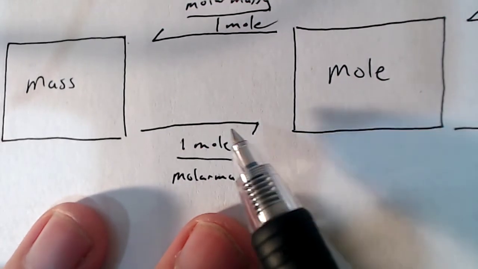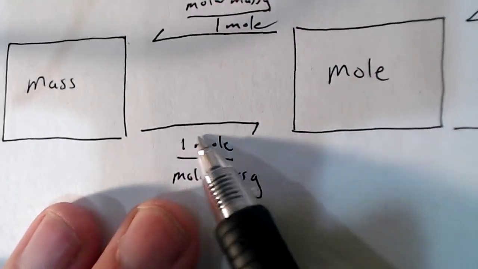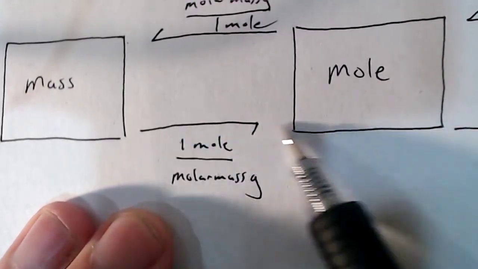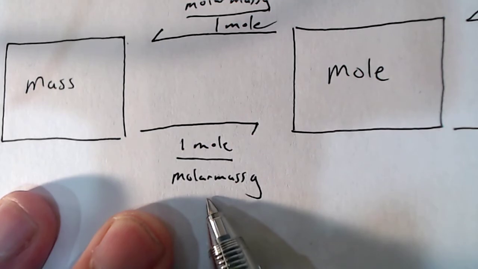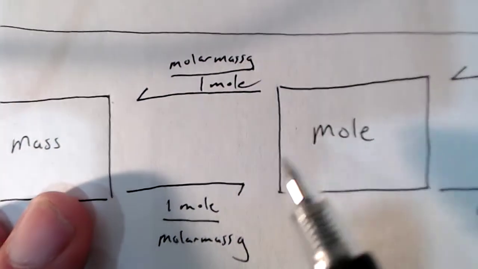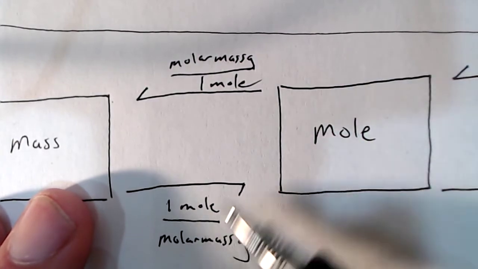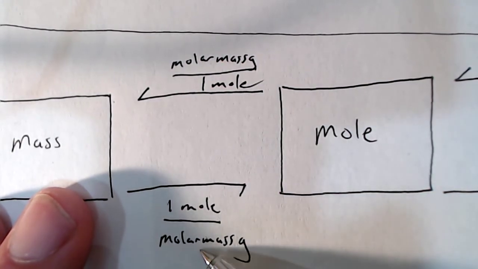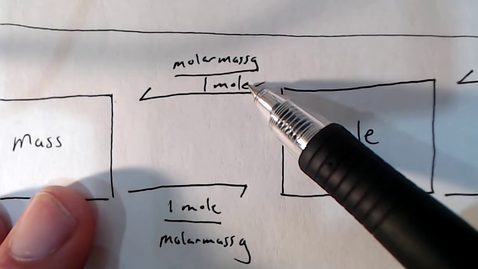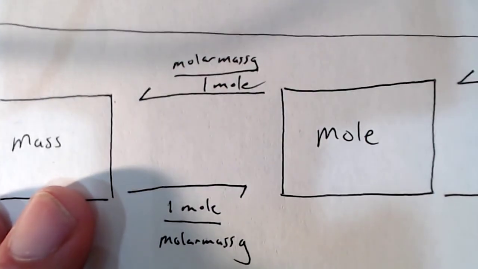Just follow the arrows. If you need to go from mass to moles, follow this arrow. It takes you to the right just by multiplying by this unit conversion factor. If you needed to go in the opposite direction, then you would multiply by the inverse of that. Instead of 1 mole over molar mass, it would be molar mass over 1 mole. It would get you from moles into mass, etc.